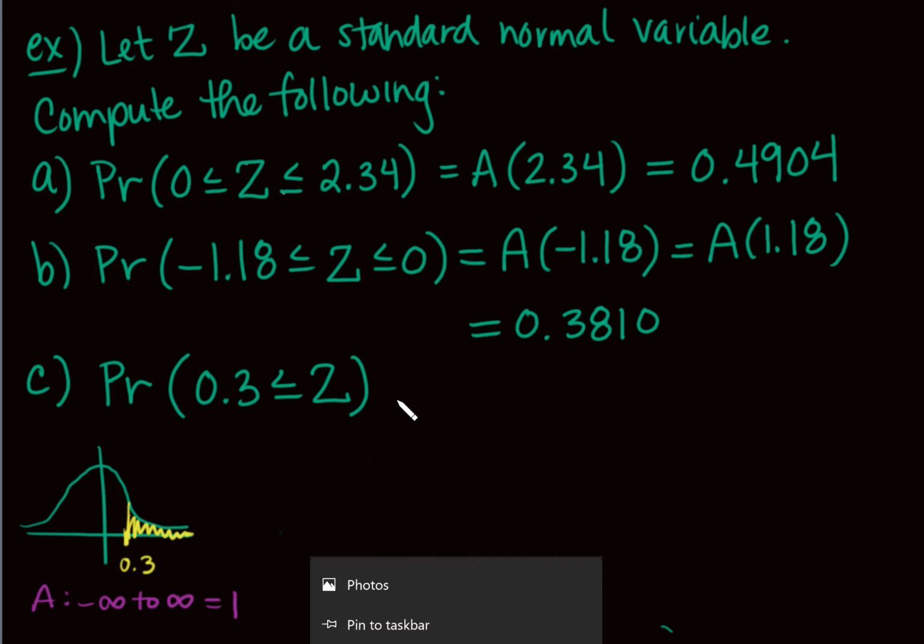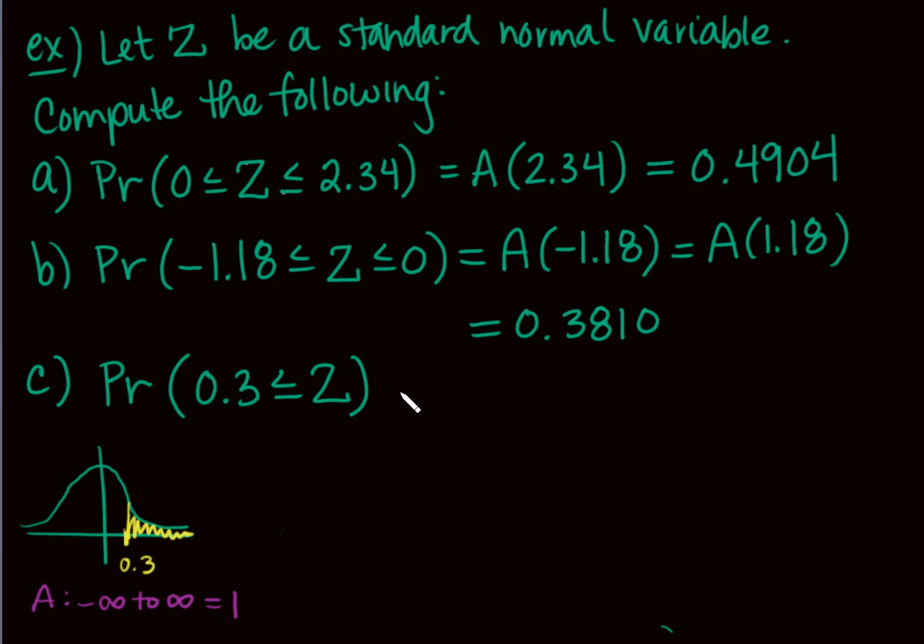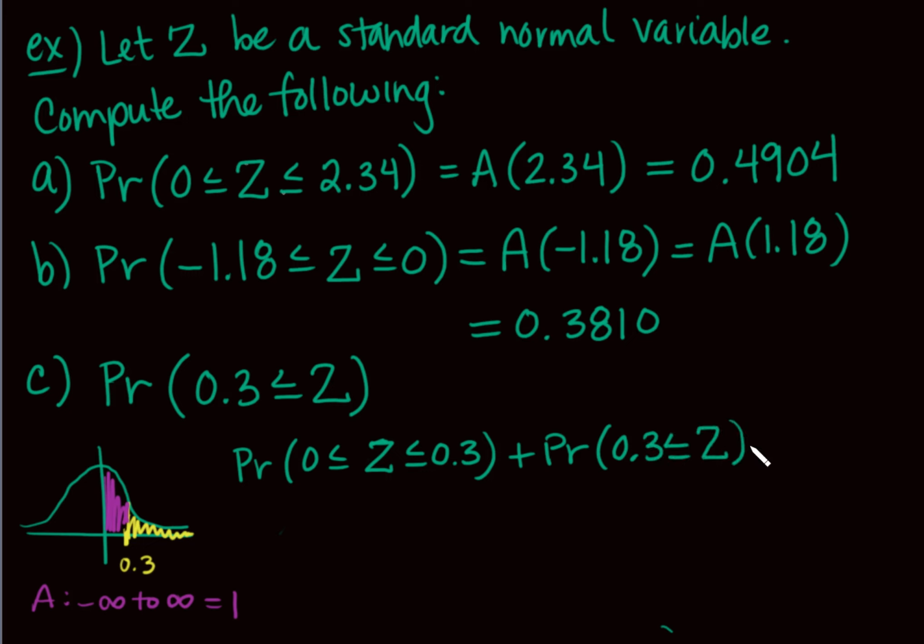That means that the probability between 0 and 0.3, let me color that, this part right here, plus the probability where Z is greater than 0.3, anything bigger than 0.3, must equal 1/2.